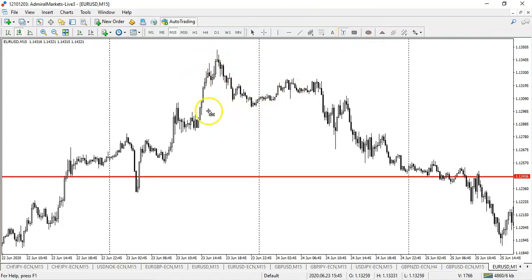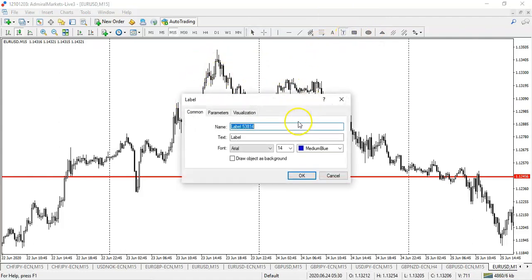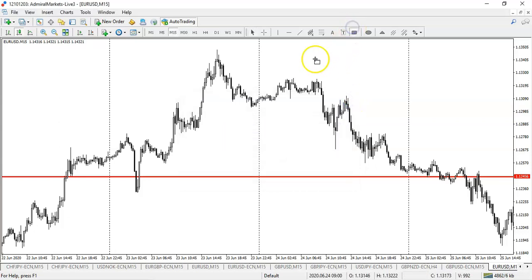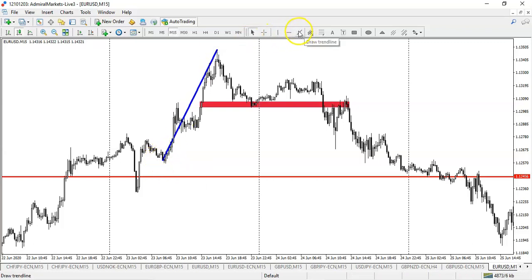We have our neckline here. We have our impulse leg up, down, second leg formed, and we see a drop, and again you see it coming back.